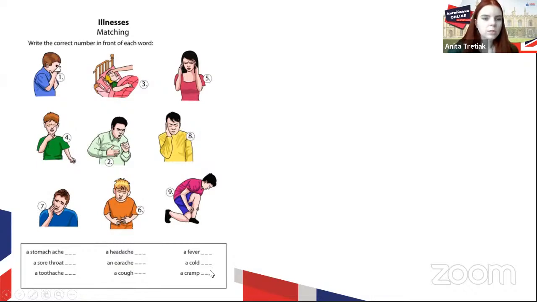So we need to say for every number which kind of illness we can see there. So for example, number 1, choose what is this between these words and write please number 1 and the name of this situation, the name of this illness.